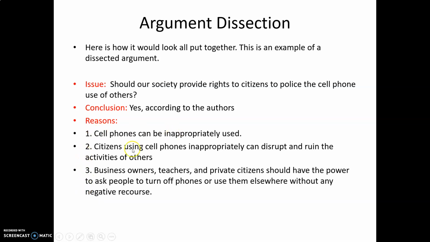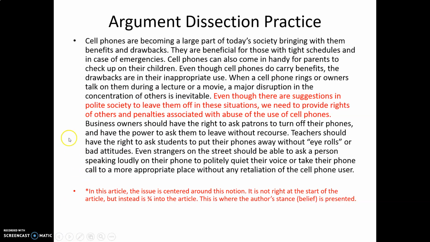And again, all of these reasons were not written directly from the print. A lot of these reasons were summarized and put together with information that was presented. So when you are looking for the reasons, you also want to summarize to some extent.